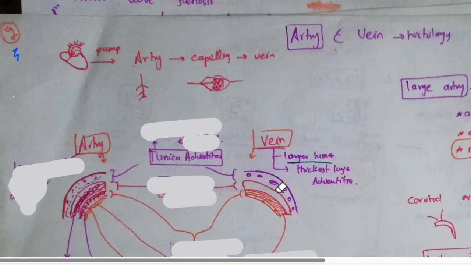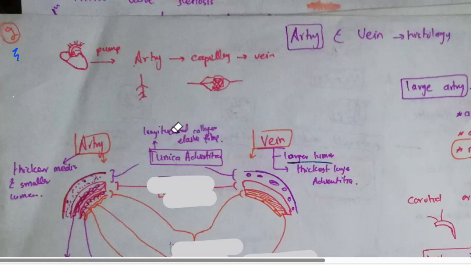The artery has a thicker media and a smaller lumen. The other thing is that longitudinal collagen and elastic fibers are present in both of them, in the tunica adventitia.